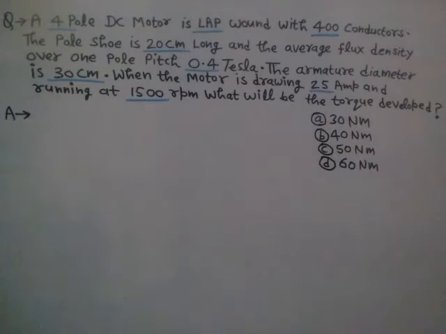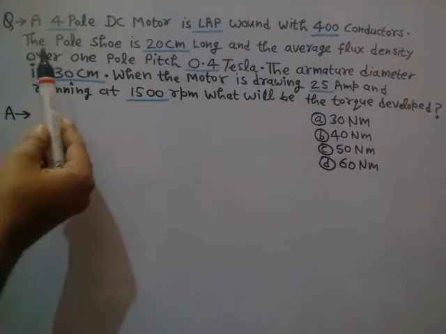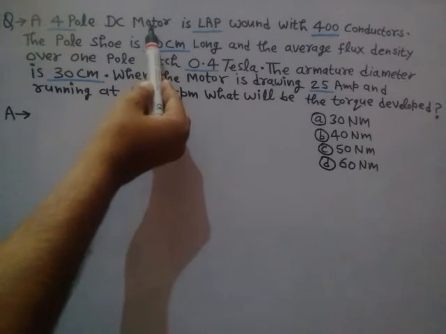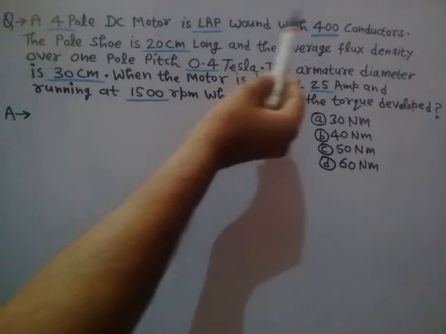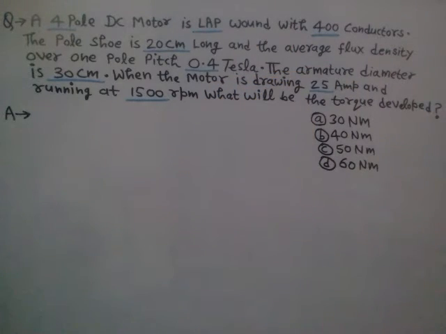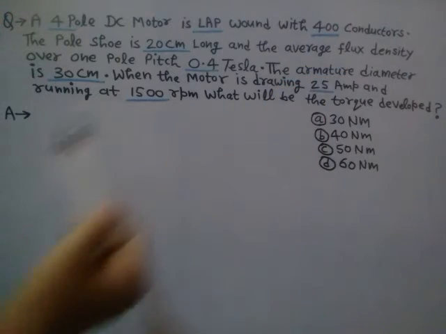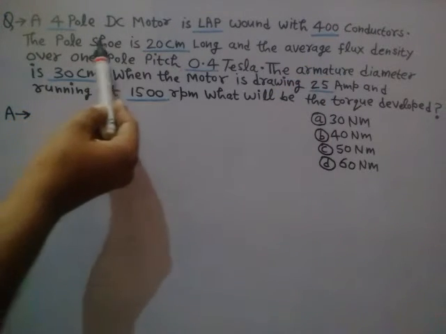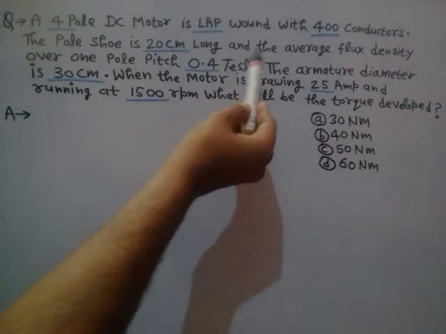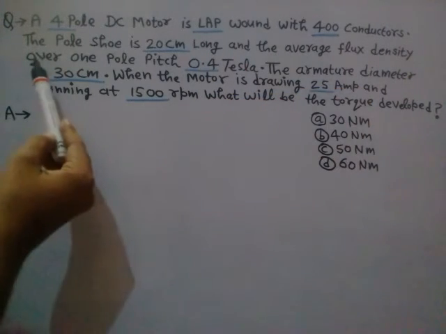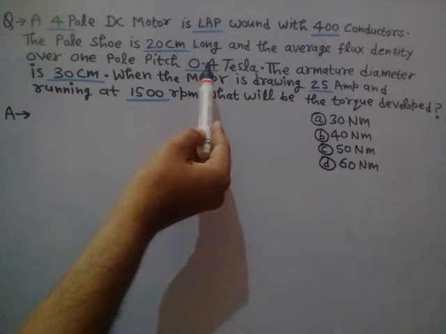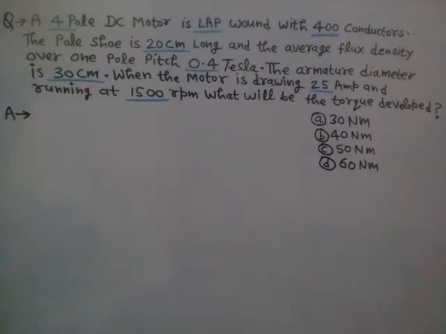This question is based on DC machines. It has already been asked in the ESE 2020 examination. The question is: a 4-pole DC motor is lap wound with 400 armature conductors. The pole shoe is 20 centimeter long and the average flux density over one pole pitch is 0.4 Tesla.